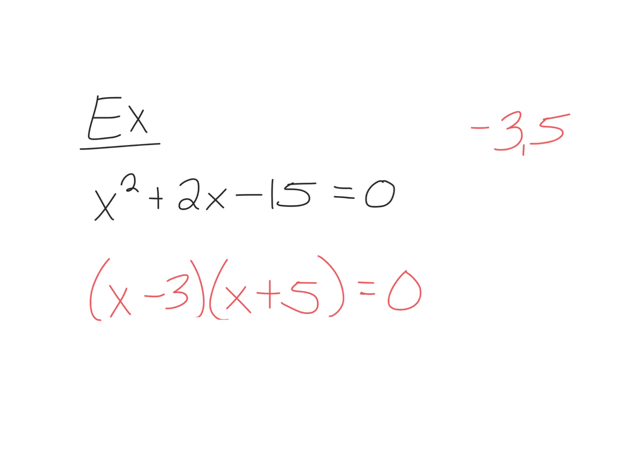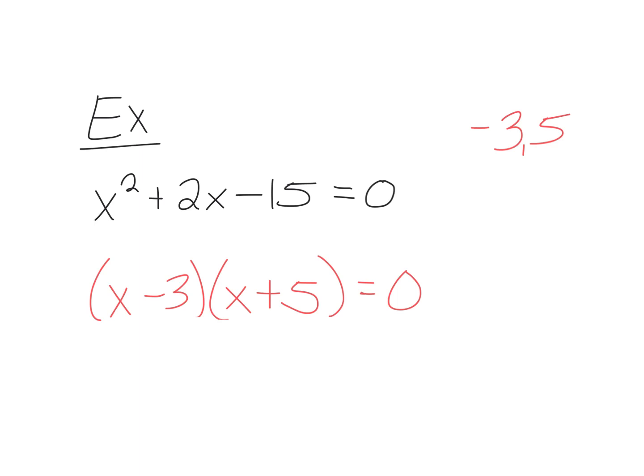Good idea, but if we FOILed, we would get back to here, right? Good idea. I was going to say, like, subtract 5 and add 3 pieces. Yep. We're going to take these both separately and set them equal to 0 as their own things.